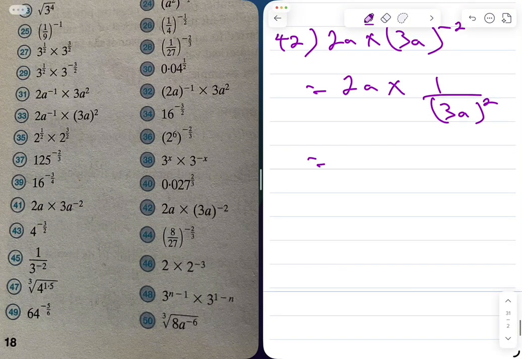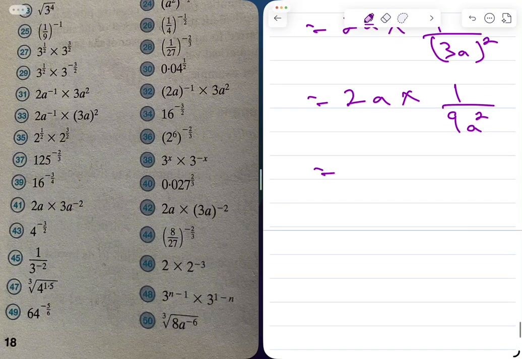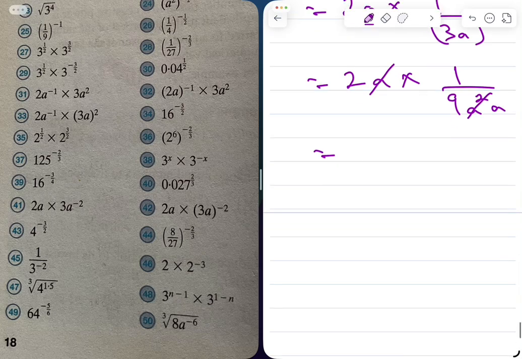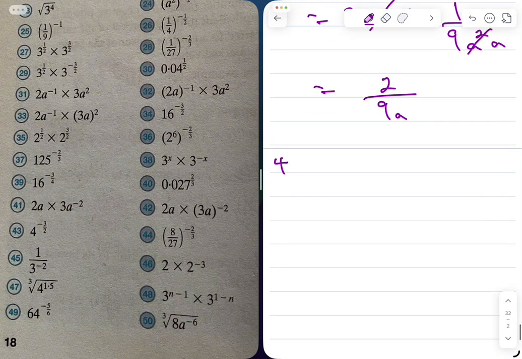So that simply means 2a times 1 over the square of 3, which is 9, and the square of a is a raised to the power 2. The a in the numerator over a squared is a, and that simply means 2 over 9a. Now to the next one, which is 43.